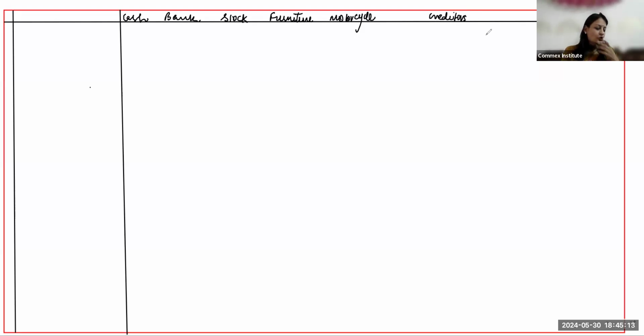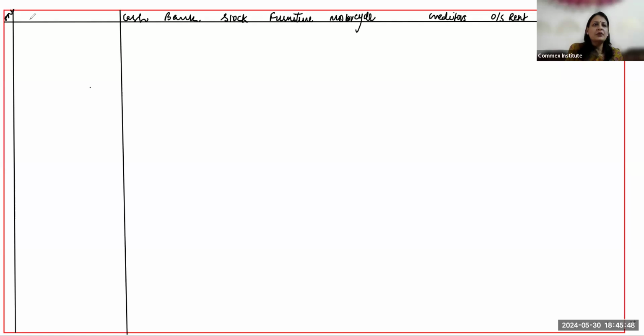So these creditors are, of course, my creditors for goods. Then I have got outstanding rent. And then I've got creditors for furniture, furniture creditor. Not very clear, I hope you've all heard it. And capital. That's it. Yeah, 9 columns we're having.